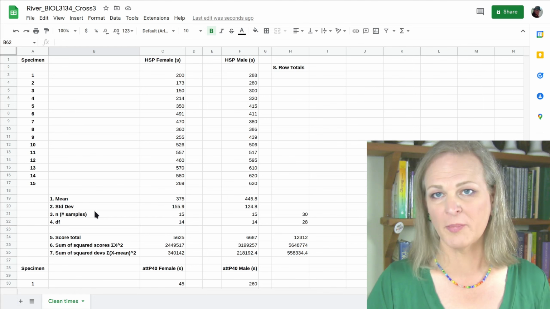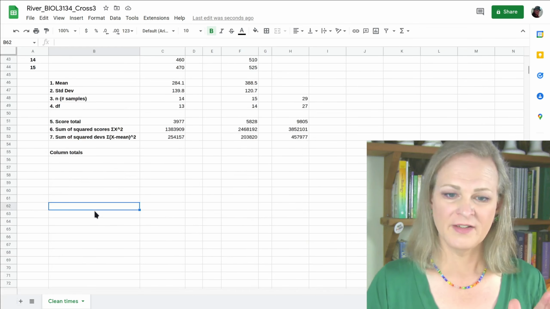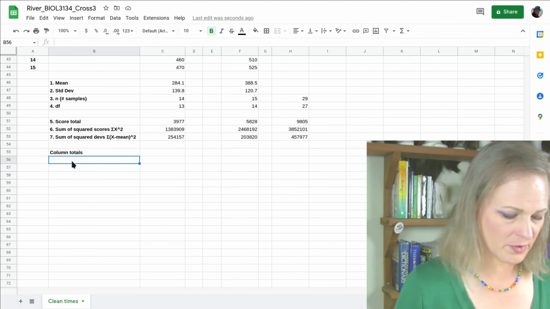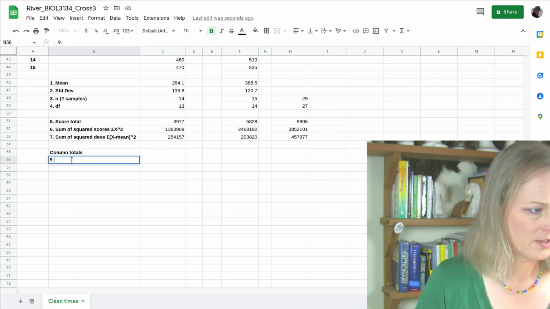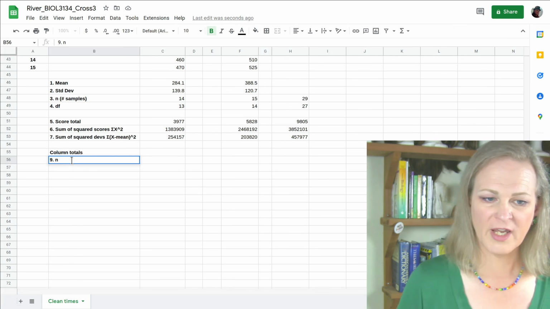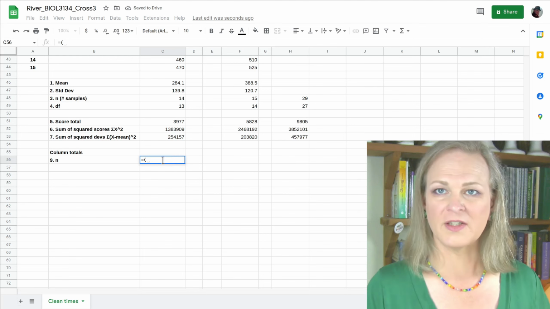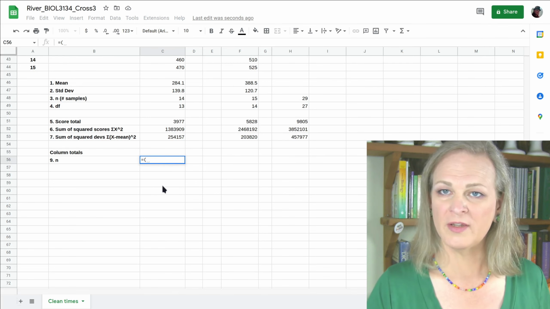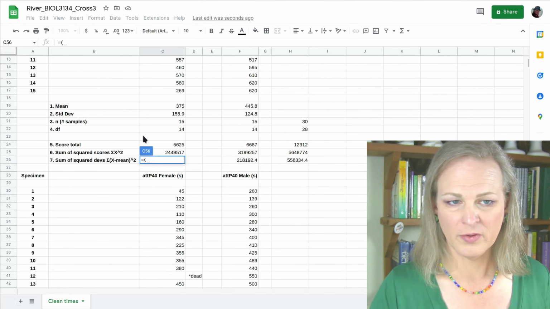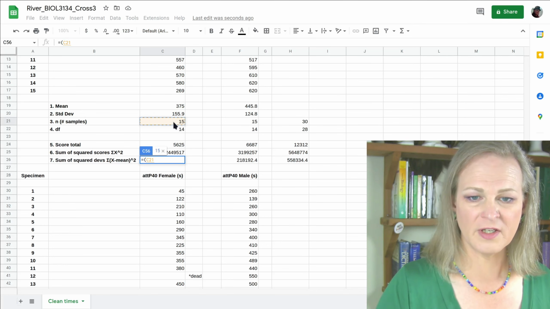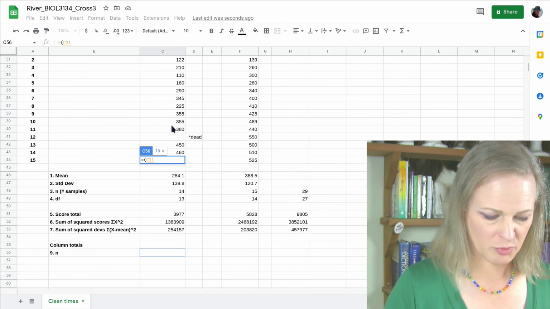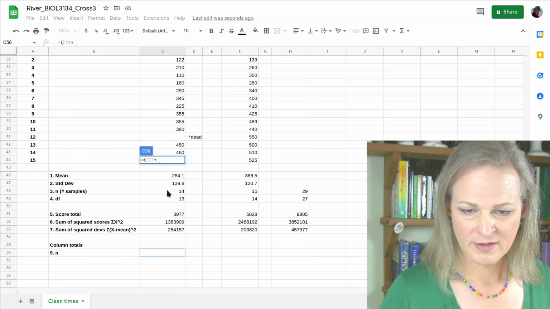Now we need to total up our columns, and we'll do that down at the very bottom. So step 9, we'll calculate an n. So this is going to equal the n from the upper group and the one below it. So this n plus this n.